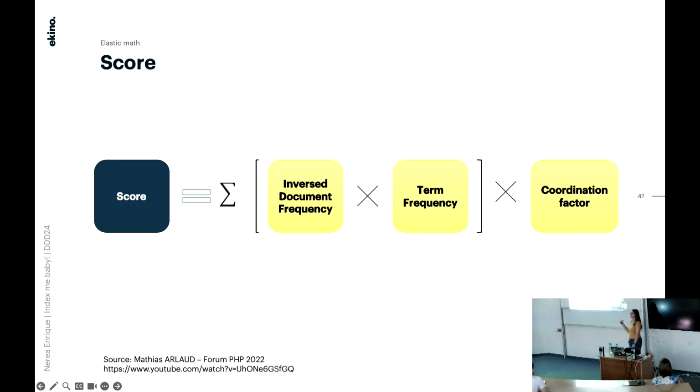I didn't invent it. I took it from a conference in Paris by Matthias, who talked about search engines too. And I don't remember if he found it or if he created it based on the algorithm before, but I found it quite simple to understand and to follow. So we have the 3 notions we've seen before, and with that we can calculate our score.